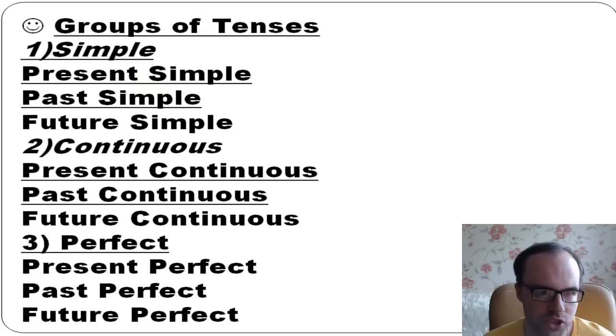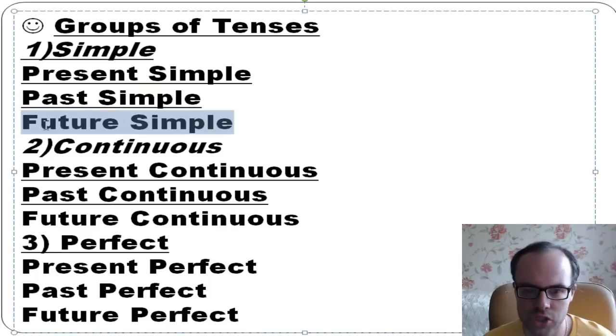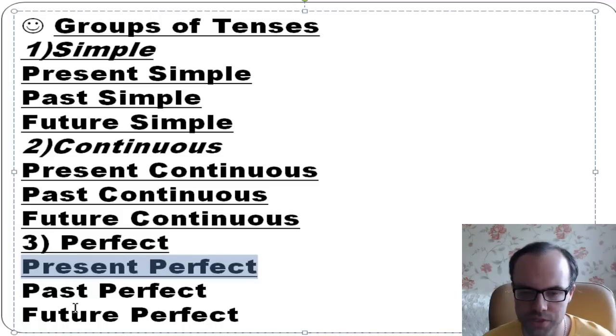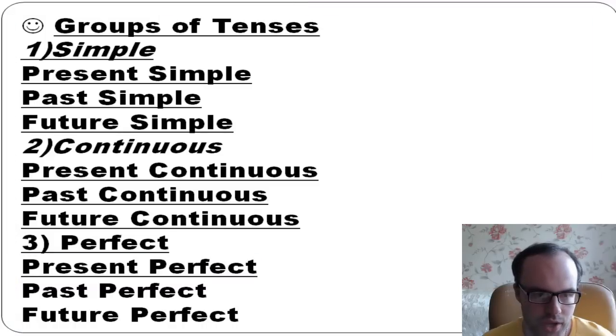So we talked about future simple and future continuous. We also talked about present perfect. So what are we going to do now? We need to compare past simple and past perfect, and future simple and future perfect. Are you ready?